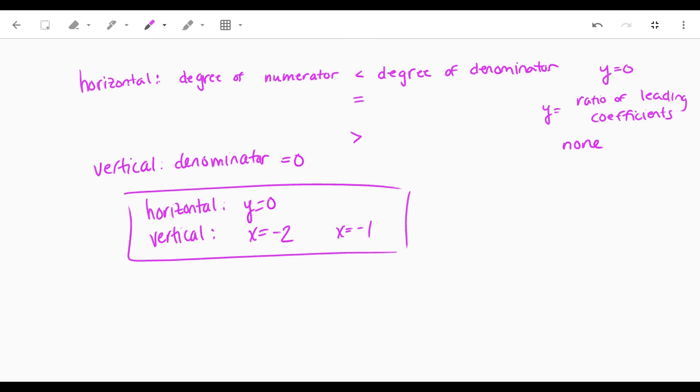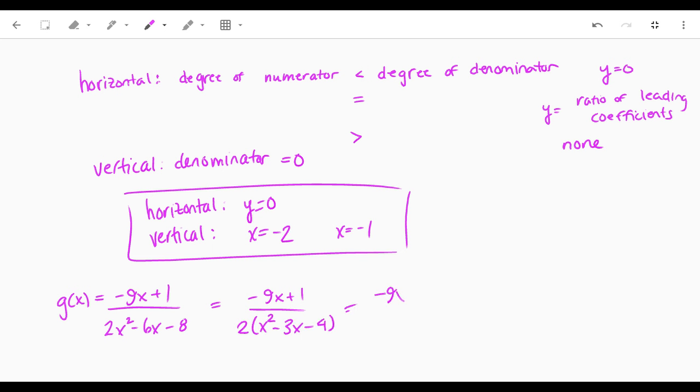Okay. The next one, g of x is negative 9x plus 1 over 2x squared minus 6x minus 8. Okay, so same thing. I'm going to try to factor the denominator. So we can get a 2 out of there. Get your GCF. So we'll have x minus 4, x plus 1.